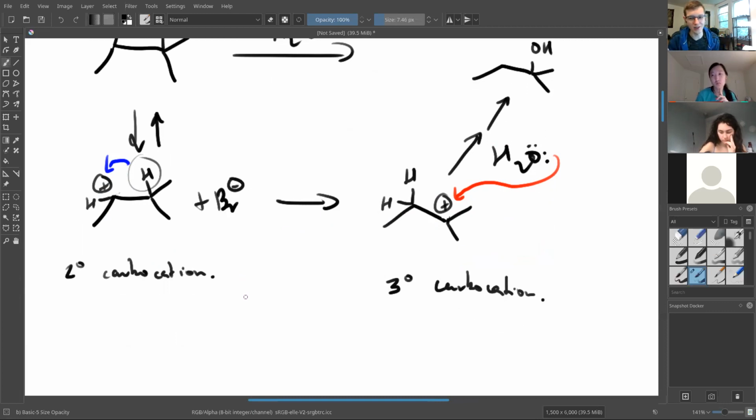Why would we move the hydrogen again? It already took a lot of work to move that hydrogen, right? Yes, it's light, but it's a lot more work than just moving some electrons around. Why would we have done all of that work just to go back, right? Why would we make a secondary carbocation? It's way less stable. Okay. This does not go backwards.